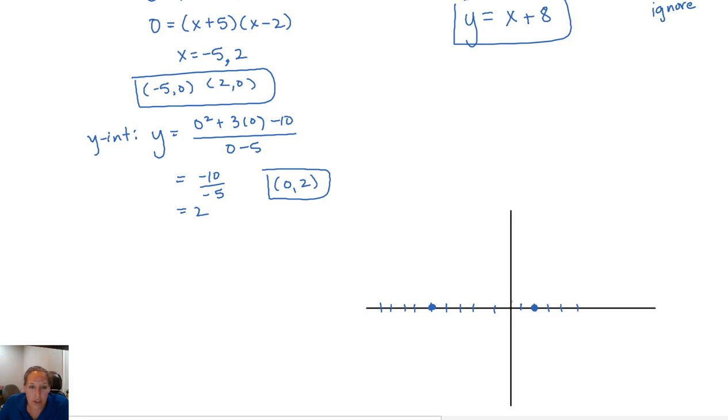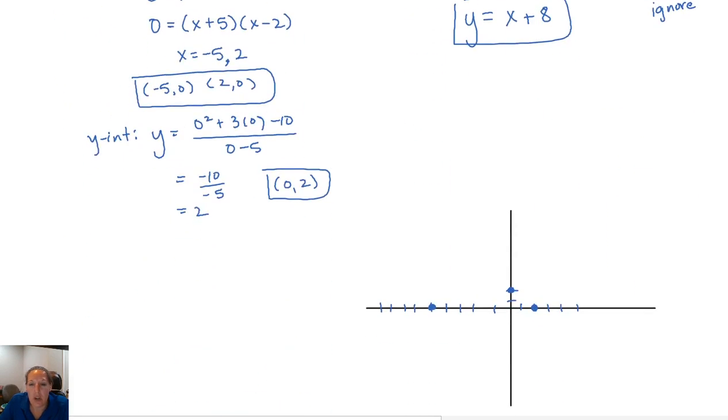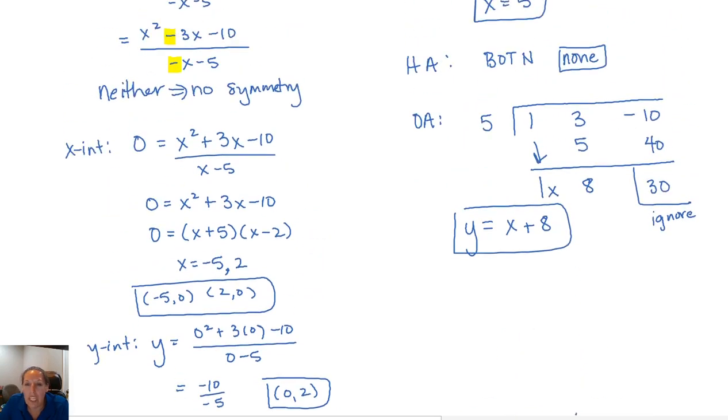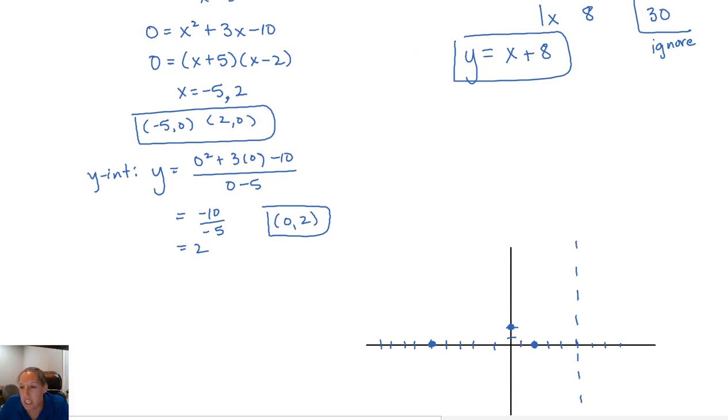We've got a y-intercept at positive 2. We have a vertical asymptote at x equals 5. And then our oblique asymptote here is y equals x plus 8.